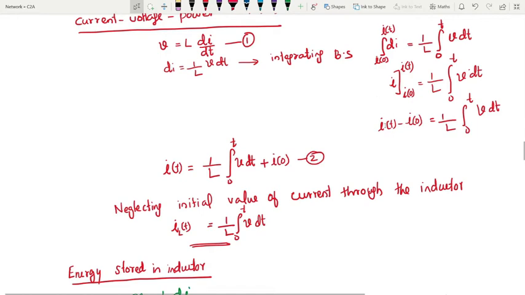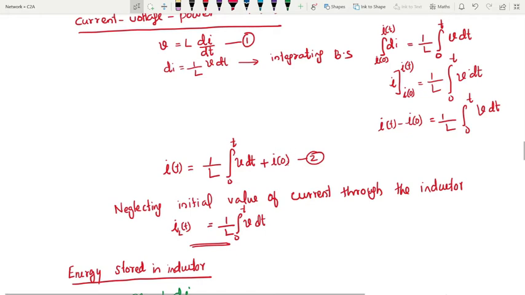Or in other words, we can write down the expression for i(t) as i(t) is equal to 1 by L integral 0 to t V dt plus I0. So the self-induced EMF in the case of an inductor, V is equal to L into di by dt, and i(t) is equal to 1 by L integral 0 to t V dt plus I0 are two important relations in the case of an inductor.